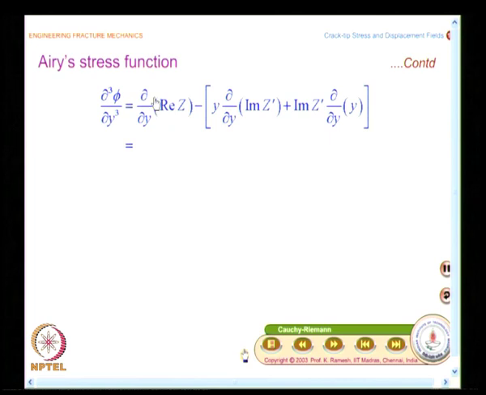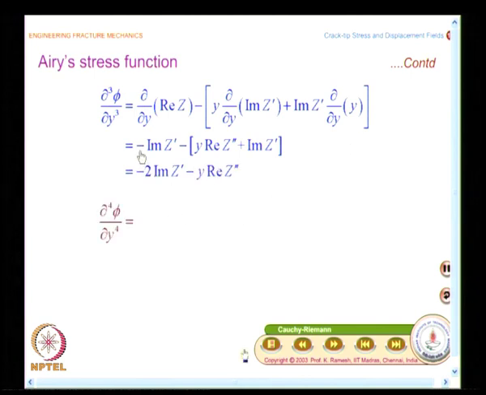So, that is ∂/∂y of the real part of z minus y into ∂/∂y of the imaginary part of z prime, plus the imaginary part of z prime ∂/∂y of y. So, when you simplify you get an expression like this.